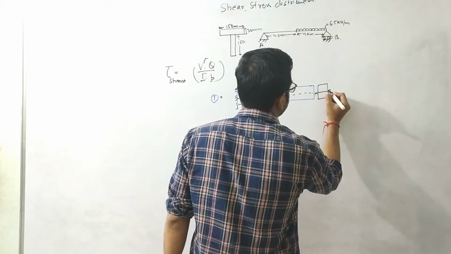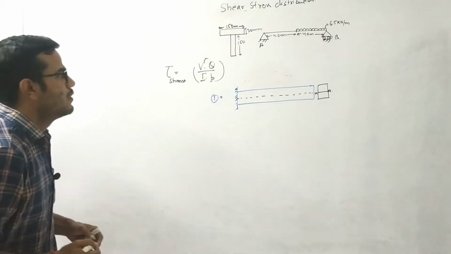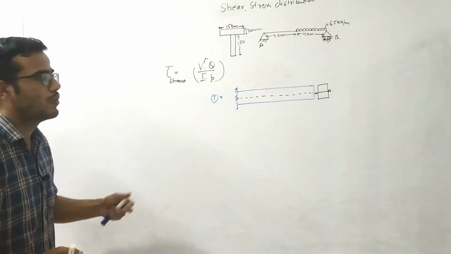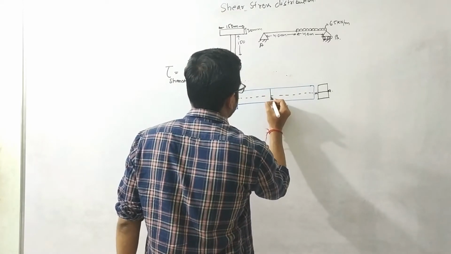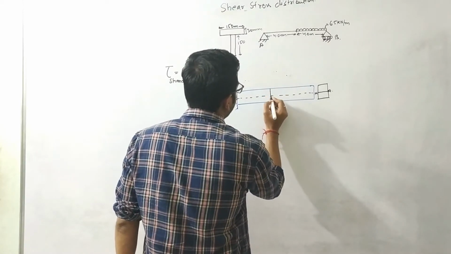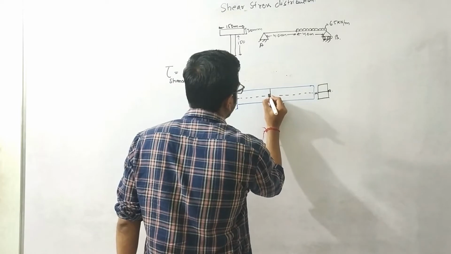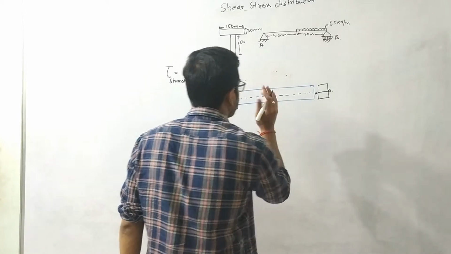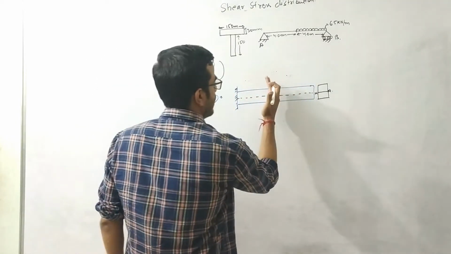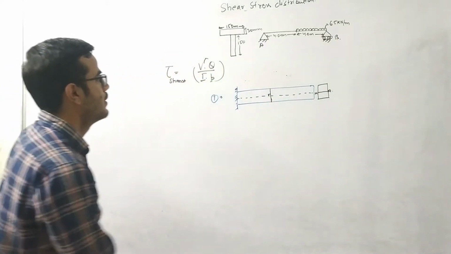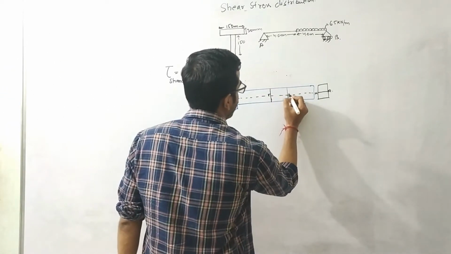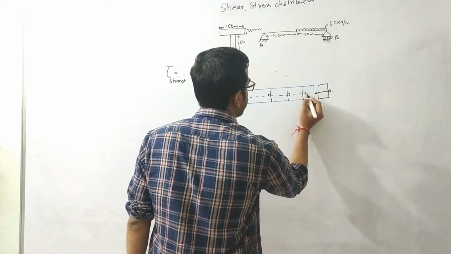Before the application of load, this cross section plane is making an angle of 90 degrees with the longitudinal axis. Here also it is making a 90 degree angle, here also.